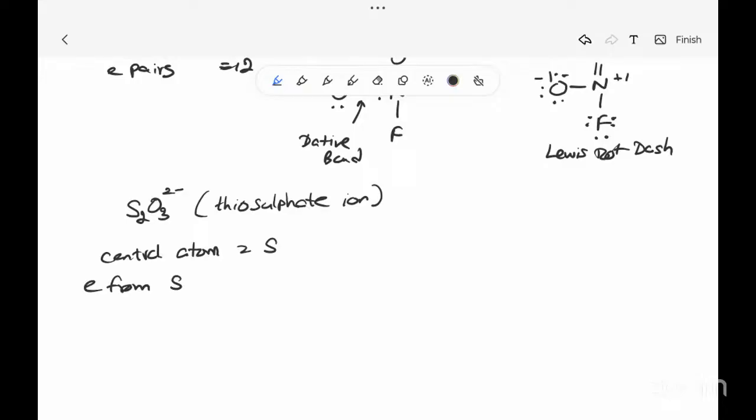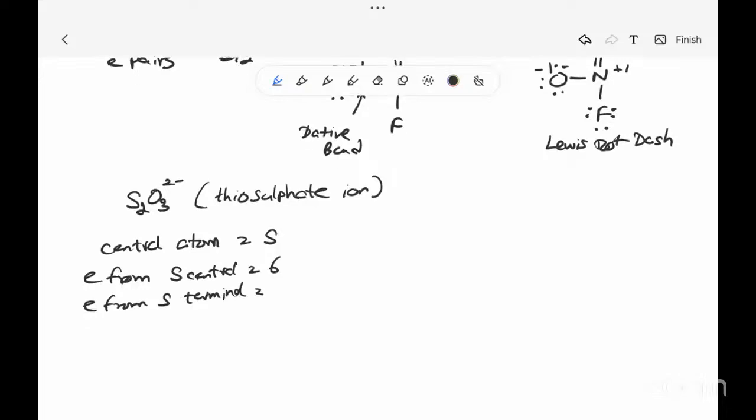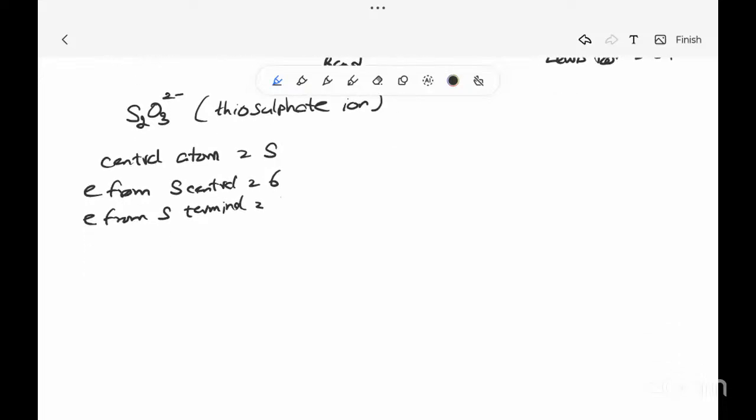Electrons from the central sulfur: 6. Electrons from the terminal sulfur, there should be a terminal one as well because of S2, right? Again 6. Electrons from the oxygen atoms: 6 into 3.